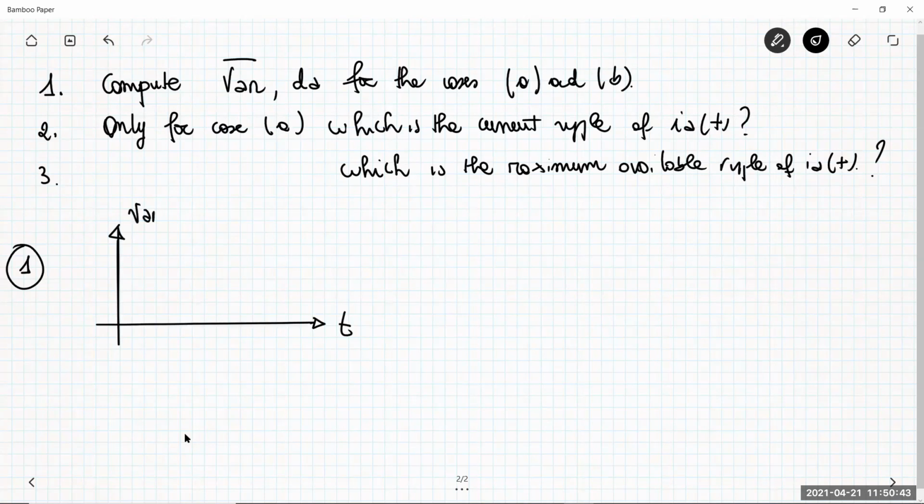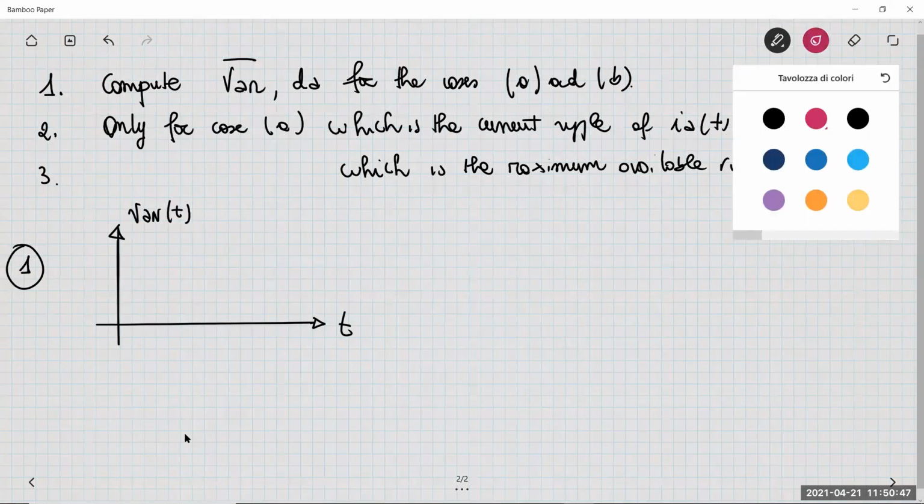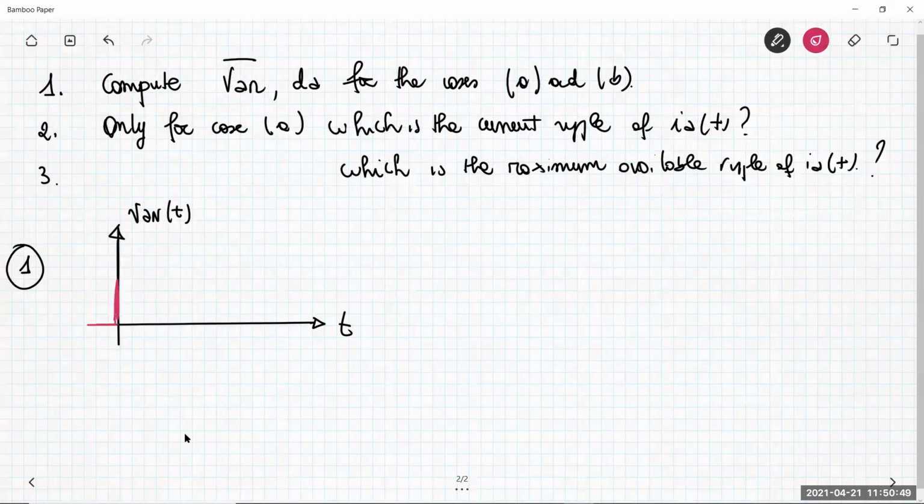Let me consider the waveform of the voltage VIN at the current port, which is something like this. I don't know the duty cycle because we have to compute it, but I know that depending on the position of the switch, VIN is the same as VD during this time interval, T on, or it can be 0.